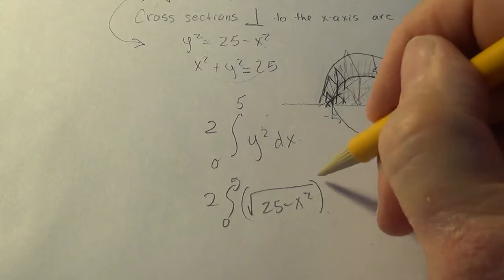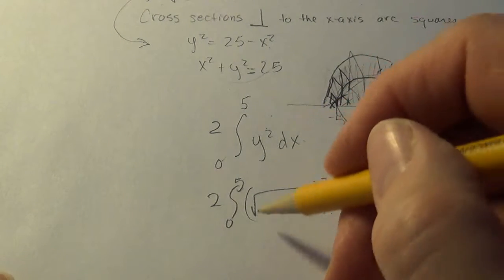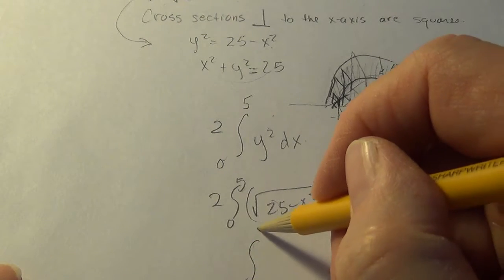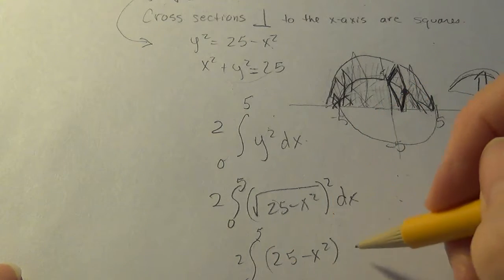Square it. That's nice. Alright, so then we end up with an integral that's quite doable, because the square root squared just leaves me 25 minus x squared dx.